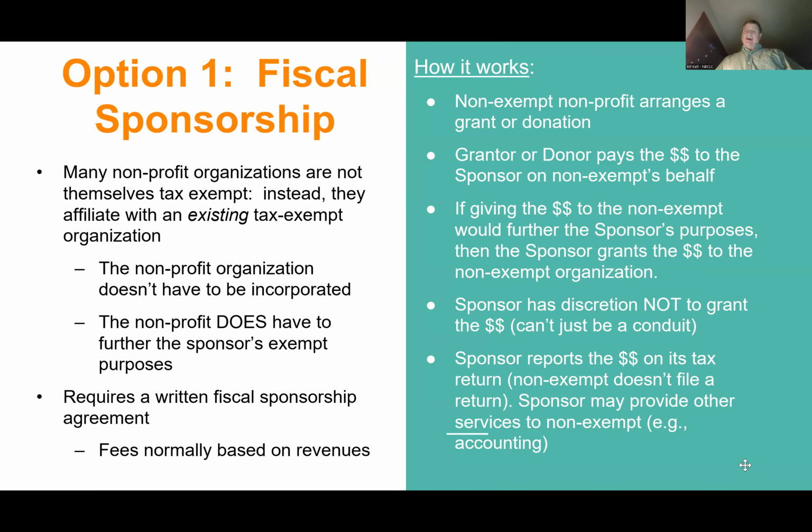They may also provide some helpful services to the budding nonprofit, like accounting or human resources, to help the organization get started. Also, their reputation. United Way has a good reputation in the community, and they may not know your organization because you just started. So bringing yourself under their wing can also give you a little more credibility at the beginning.